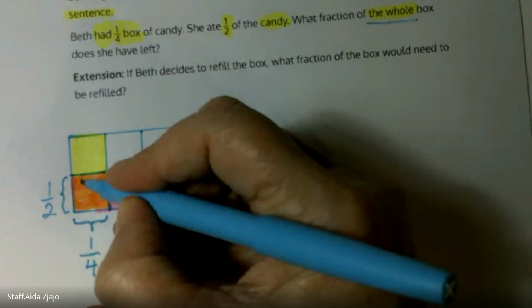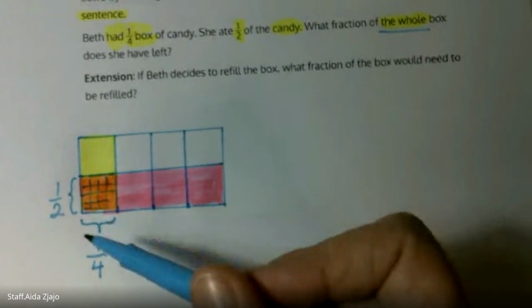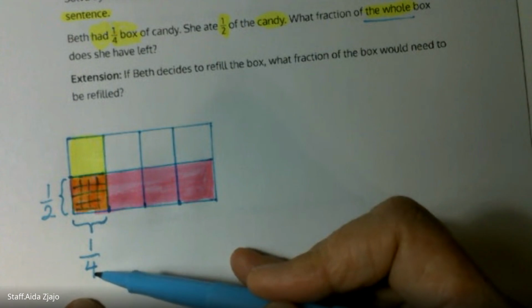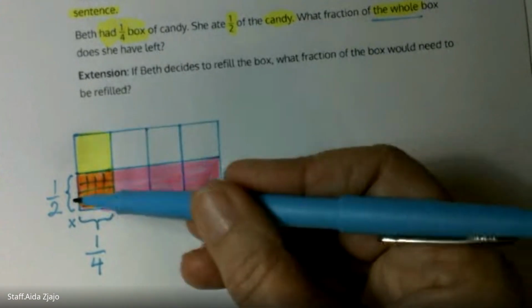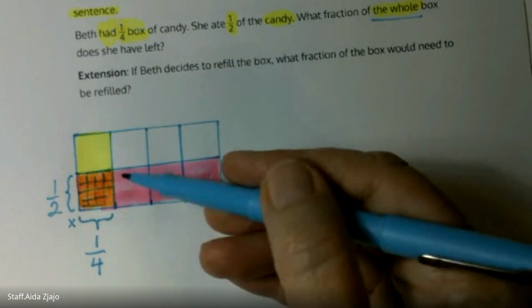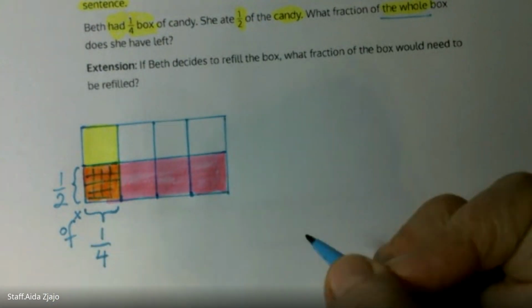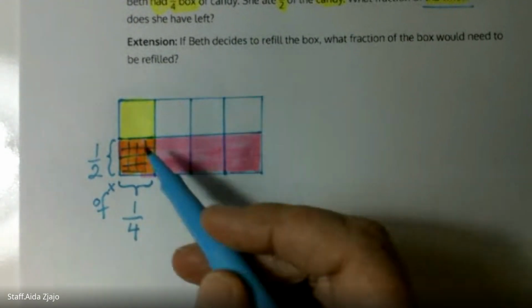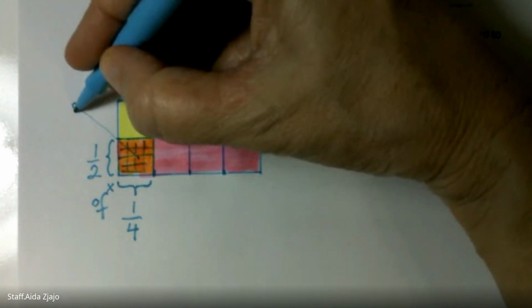So this here is our answer to our problem. What is 1/2 of 1/4? Which is a multiplication problem of a fraction. 1/2 times 1/4, or 1/2 of 1/4. So now we can find the answer right there.